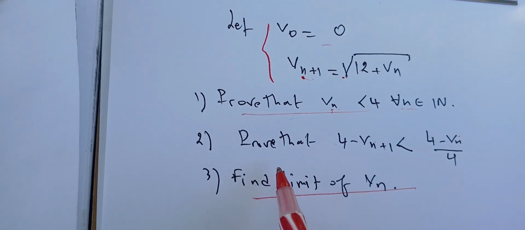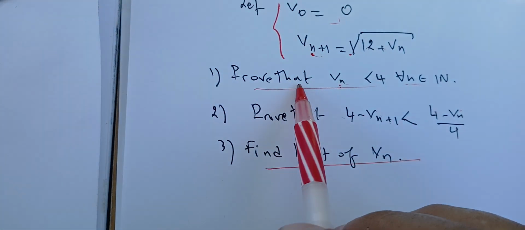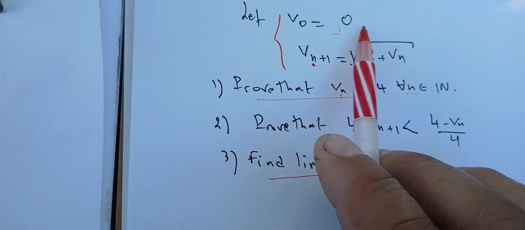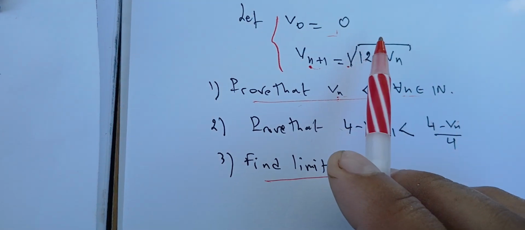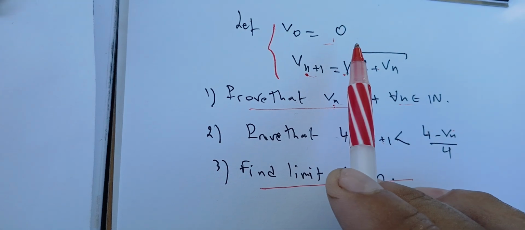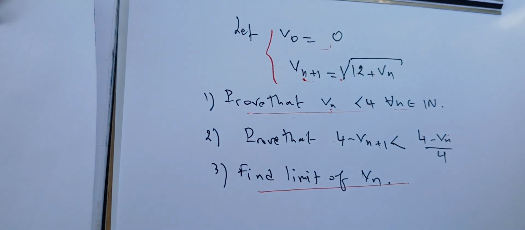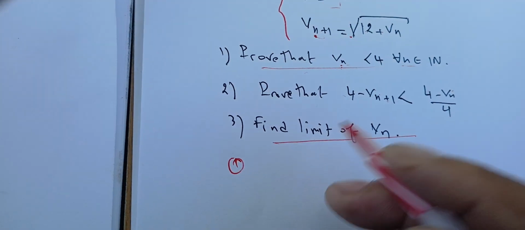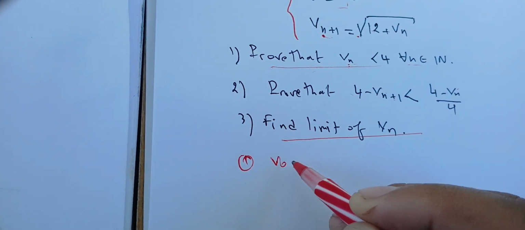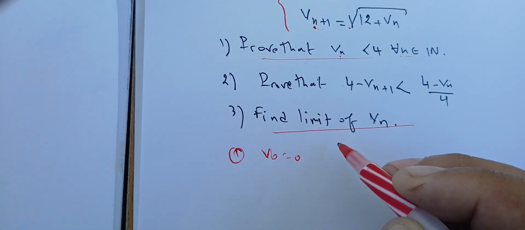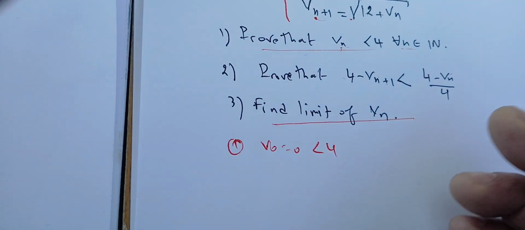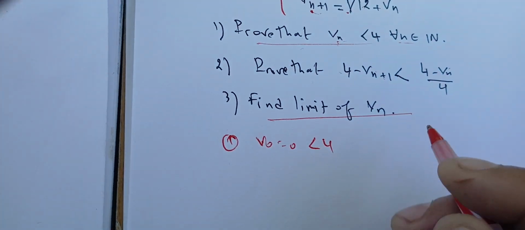Okay. So the first thing we're going to do here is prove that Vn is less than 4. Basically, we're going to use the principle of mathematical induction. First, V0 is 0, and 0 is less than 4, so this is true for V0.